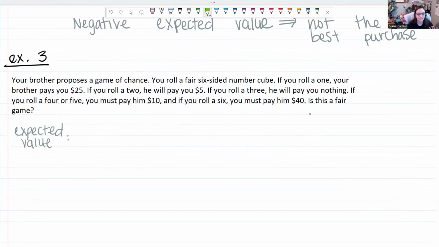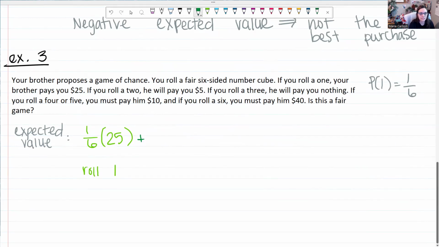Luckily, rolling a number on a number cube, the probability of rolling a 1 is 1/6, one side with a 1 out of 6 possibilities. So I'm going to multiply 1/6 times the outcome. If I roll a 1, my brother's going to pay me $25, so positive 25.